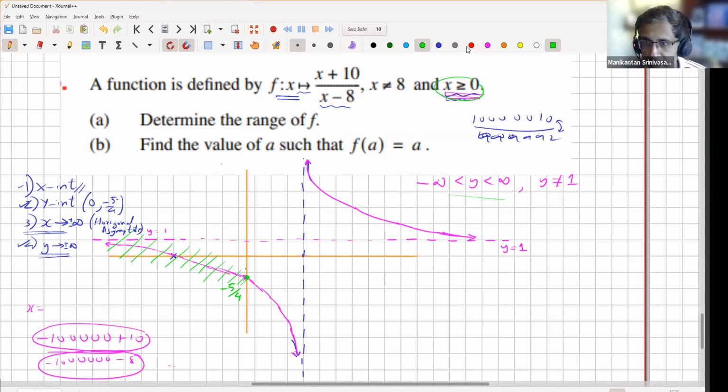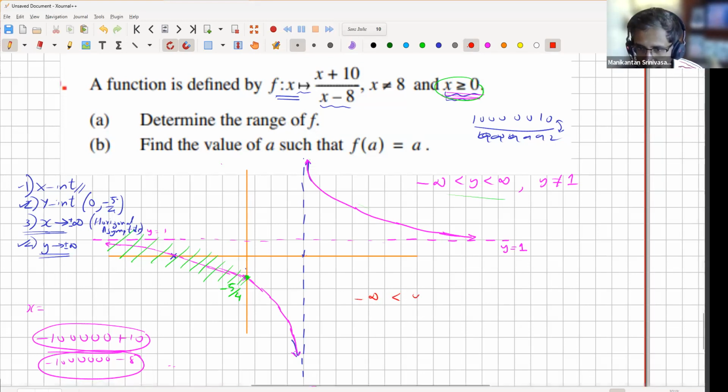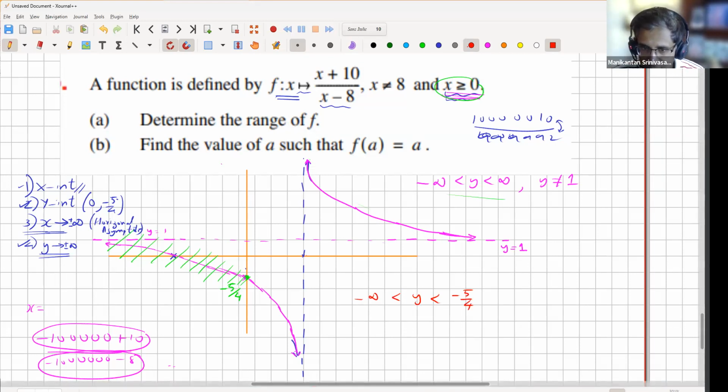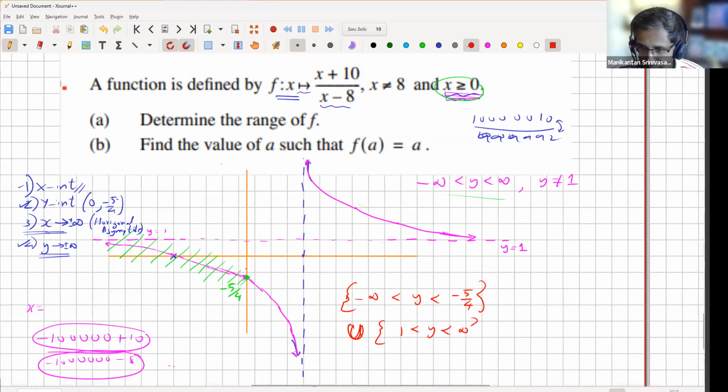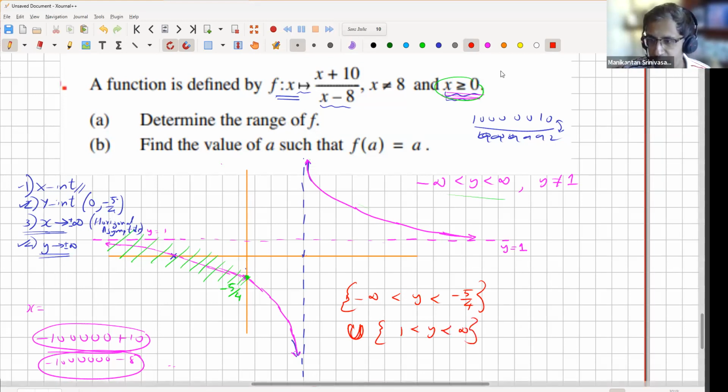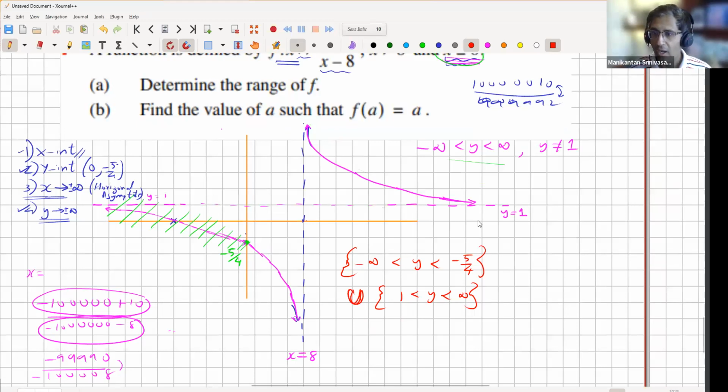So I would say the range is minus infinity less than y less than or equal to minus 5 by 4, union the set 1 less than y less than infinity. So the range is a collection of these points. On the positive side, anything above 1 all the way till infinity. On the negative side, up to and including minus 5 by 4.